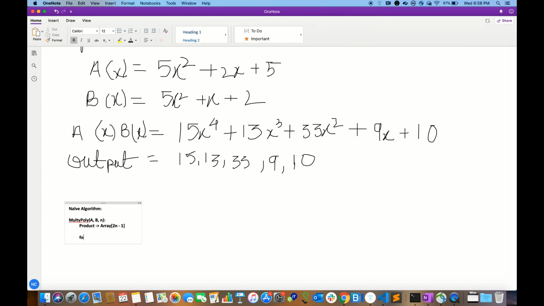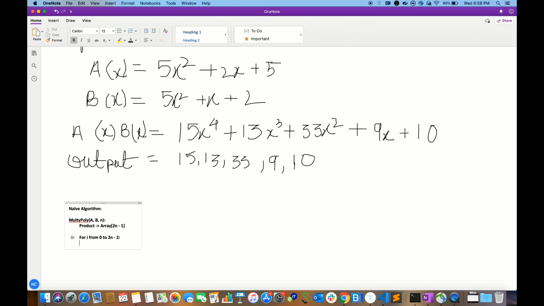and we will run a for loop for I from 0 to 2n minus 2. Since there will be 2n minus 1 indices in this array, we need to iterate for each of them, and the indices will run from 0 to 2n minus 2 inclusive.